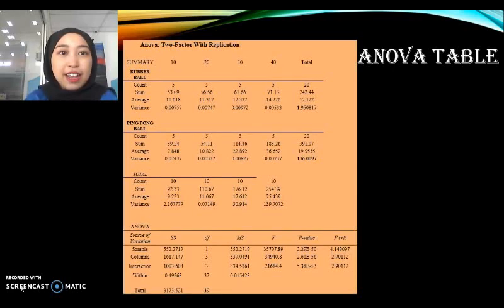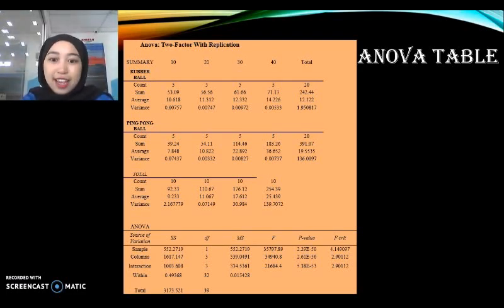Okay, next is the ANOVA table. From the ANOVA table, the SS and MS that we have calculated are shown here, and we can conclude that the F critical for the sample is lesser than the F, so we reject the null hypothesis.